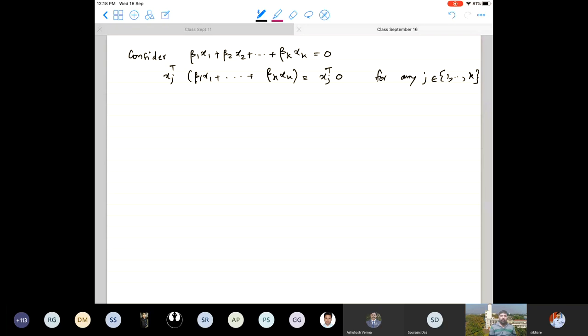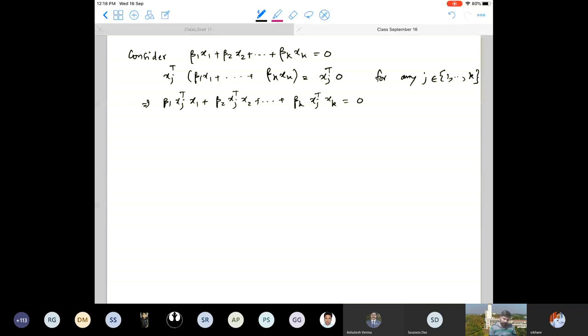Using the properties of inner product, I get beta 1 xj transpose x1 plus beta 2 xj transpose x2 plus so on plus beta k xj transpose xk is equal to 0. Correct? Because the inner product of any vector with the 0 vector is scalar 0.